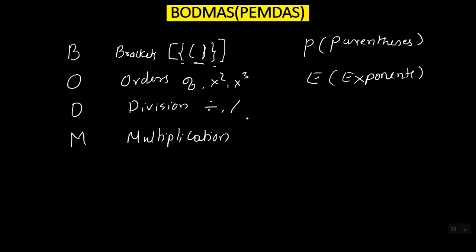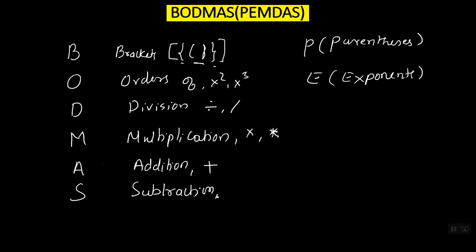We can say it's like multiplication, or I can represent it with the star, right? Then next preference will be given to the addition, that's plus. Then last comes the subtraction, that is minus. So while doing certain basic math operations, we need to follow these orders.